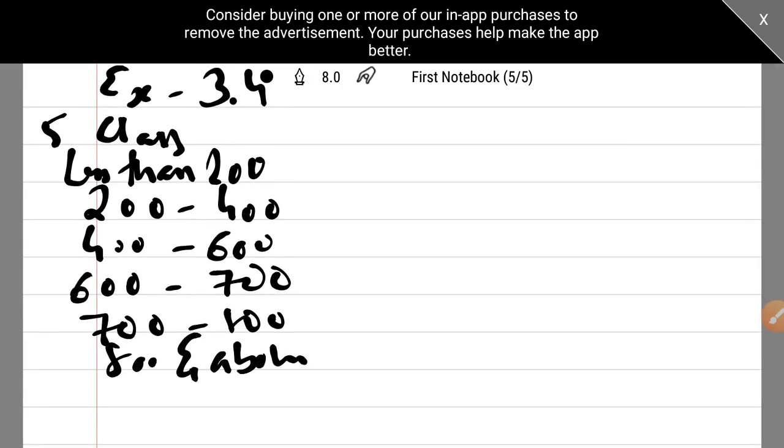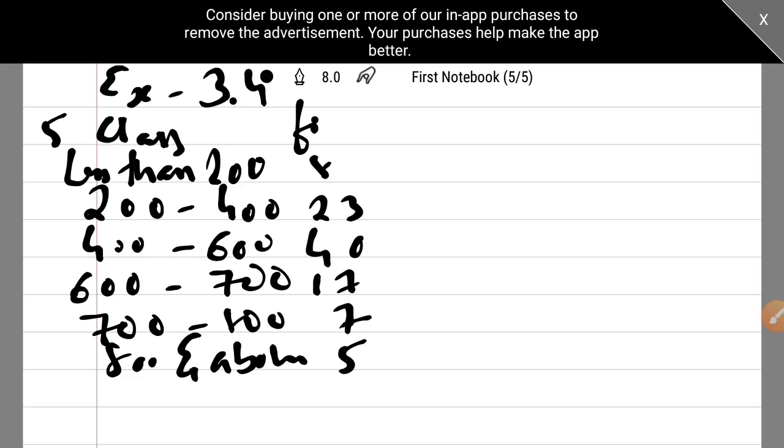Now the number of students is the second column. I will be writing frequency. It is 8, 23, 40, 17, 7 and 5.